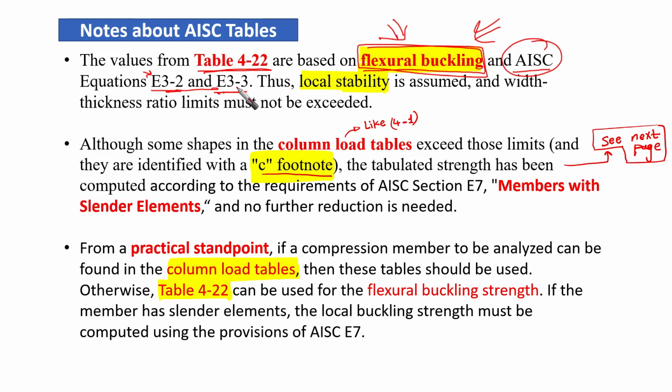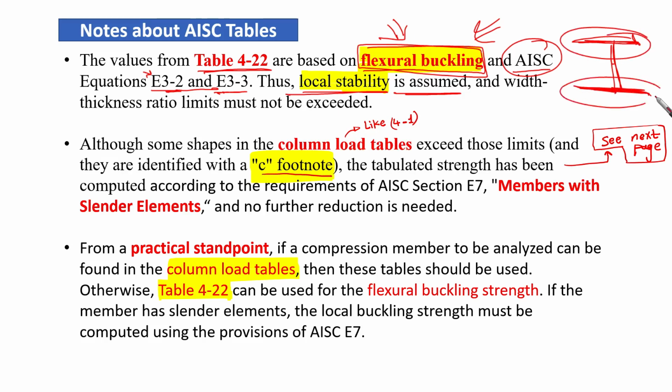So what is the meaning of this? Why is it important here? Because local stability is assumed. That's important, that whenever we are checking our column, for example, we are not expecting the flanges or the web to buckle or to have any kind of local stability issues.